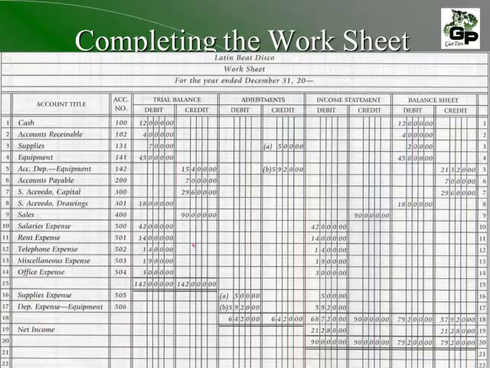Now we have to learn how to complete the worksheet using the columns of debit and credit under the adjustments column. When we finished exercise 7, we added these adjustments. We had a $500 credit to the supplies account. We had a $5,920 credit to the accumulated depreciation for equipment.